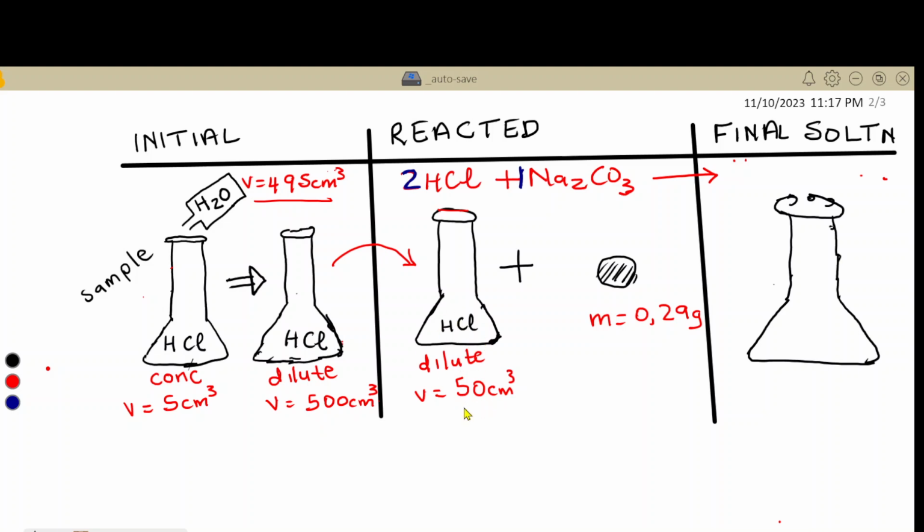They reacted it with solid sodium carbonate, like it can be a tablet or whatever. So they took this sodium carbonate and added it to this volumetric flask, which is filled with HCl. The mass of that sodium carbonate is 0.29 gram. Then there's a product that is being formed.